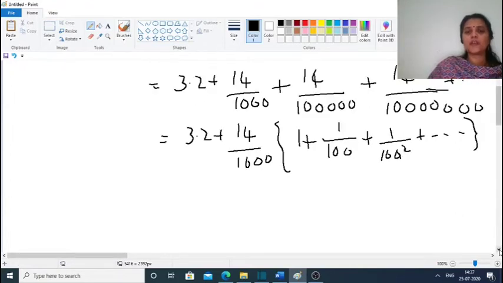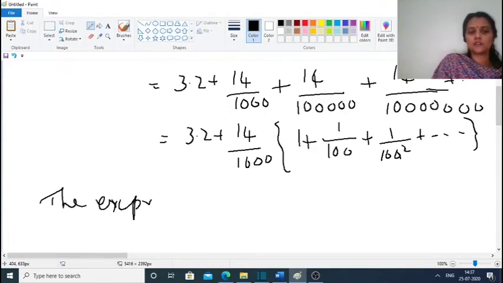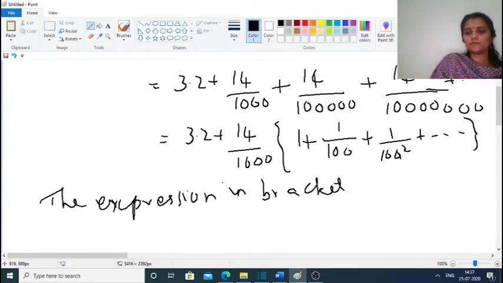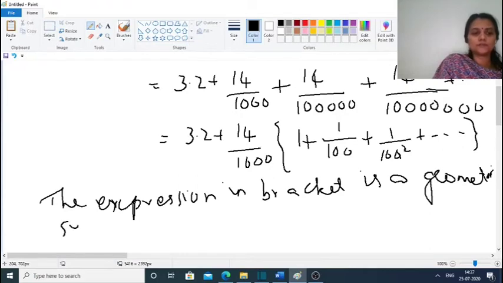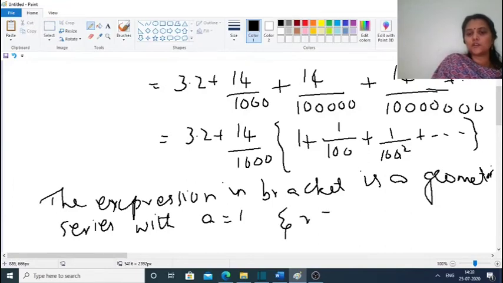So the expression in the bracket is a geometric series with a equal to 1 and r equal to 1 by 100.